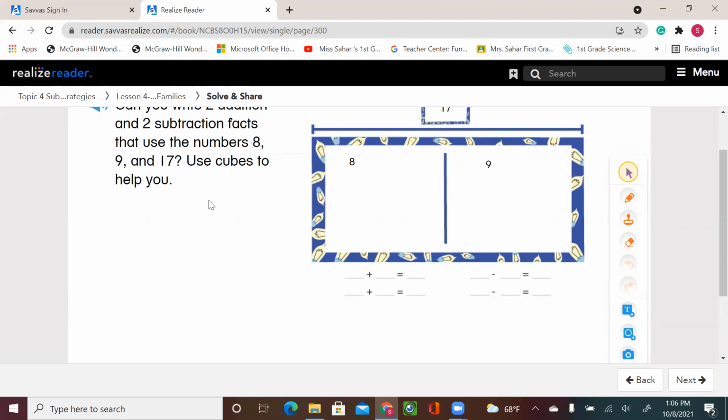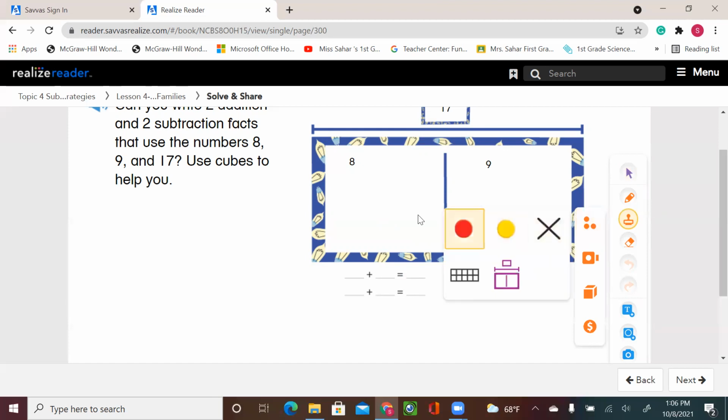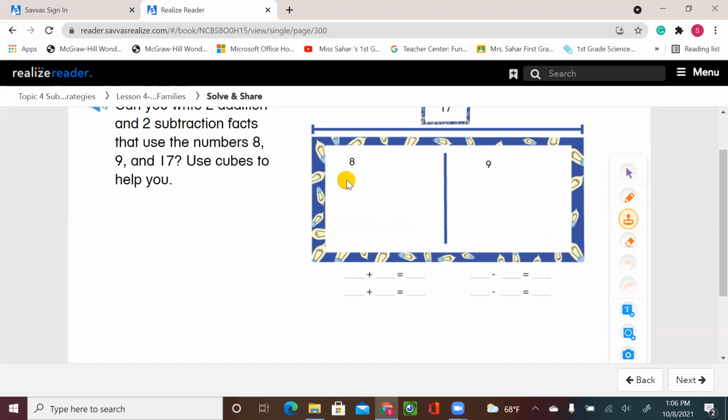And I'm going to use cubes. So I'm going to use my counters to fill 8 on one side and 9 on the other side. So 1, 2, 3, 4, 5, 6, 7, 8. And I'm going to use a different color for my second addend. 1, 2, 3, 4, 5, 6, 7, 8, 9.